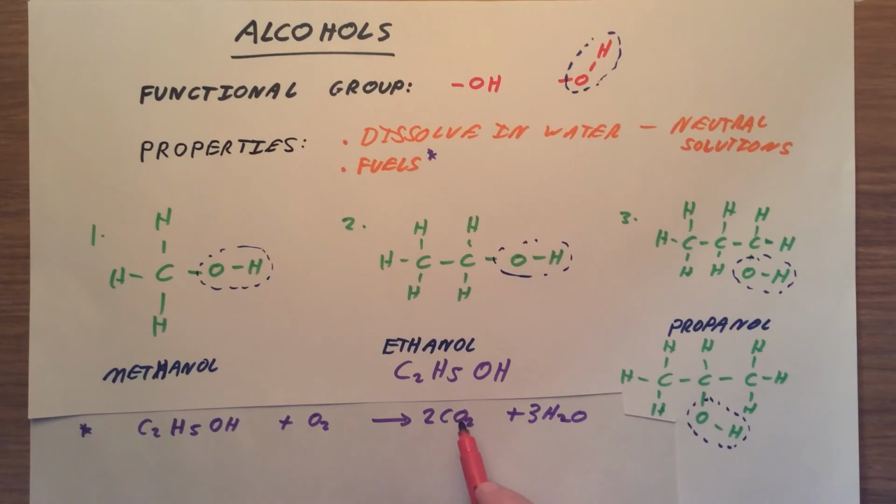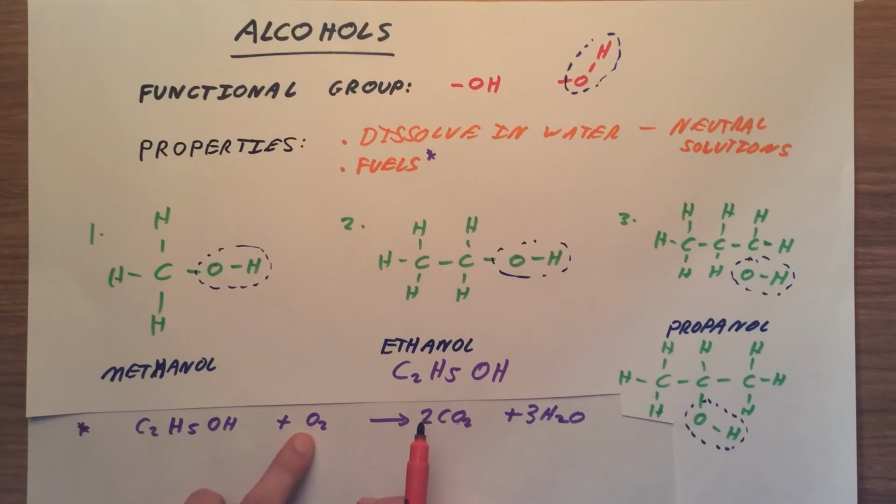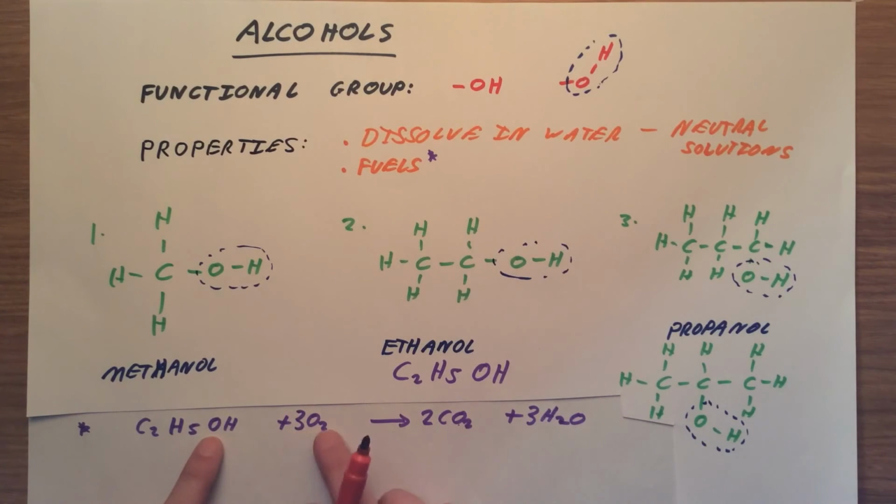Now, oxygens, we've got 4, 5, 6, 7 on the right-hand side. I've got 1 included in this ethanol unit already, so I need to get 6 more oxygens from here. So if I have 3 before the O2, I've got 6, 7 oxygen atoms, and then 3, 4, 5, 6, 7 oxygen atoms here.